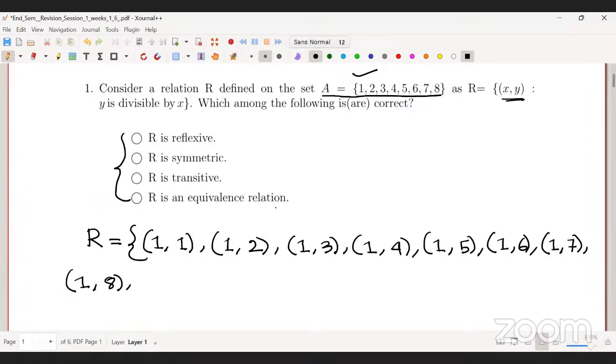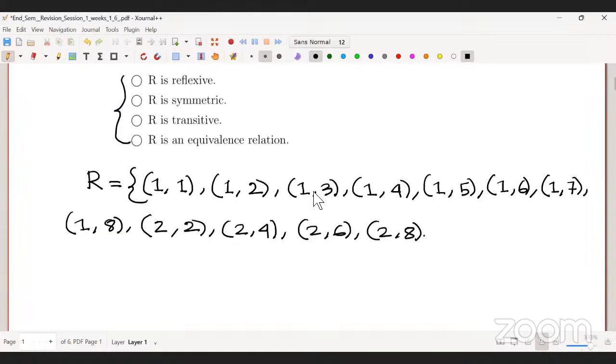Next, consider all the pairs that start with 2: 2, 2, then 2, 4, 2, 6, 2, 8. Then I'll start with 3: 3, 3, 3, 6.